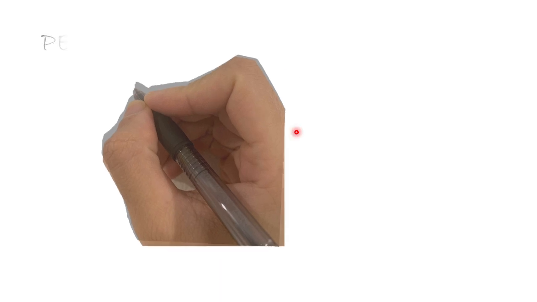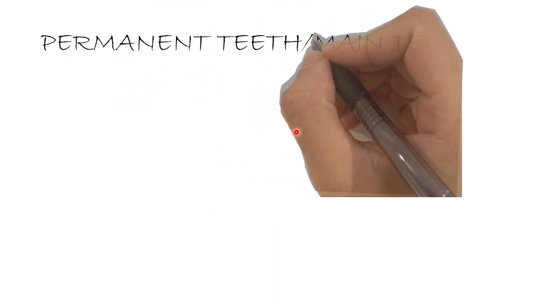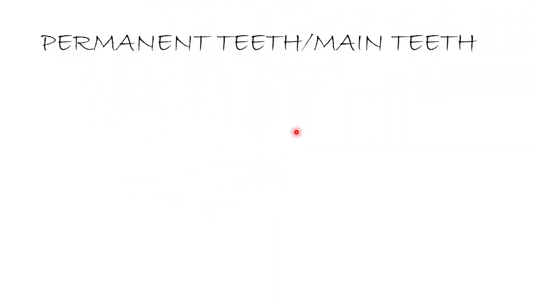So now moving on to the permanent teeth or the main teeth. This time our mnemonic will be, since permanent teeth are the main teeth, MAIN. We write MAIN. And note, for our primary teeth we wrote the NXI in lowercase, but since permanent teeth are the main teeth, we now write this all in capital letters or uppercase.